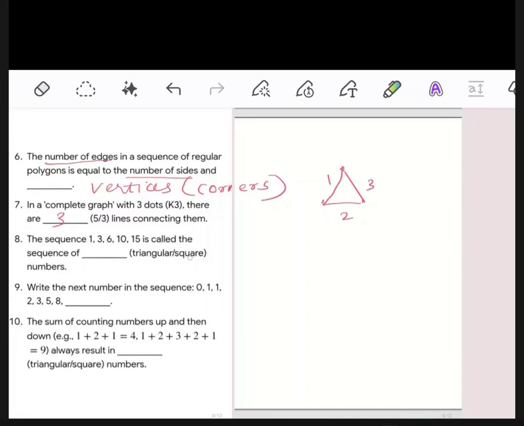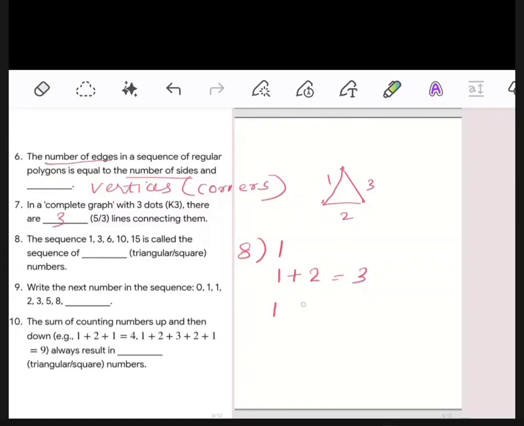8th question. The sequence 1, 3, 6, 10, 15 is called sequence of dash number: triangular number, square number. So the numbers 1, 3, 6, 10, 15, these numbers can form an equilateral triangular pattern. For example, 1, the next number pattern 1 plus 2, counting numbers, equals 3.